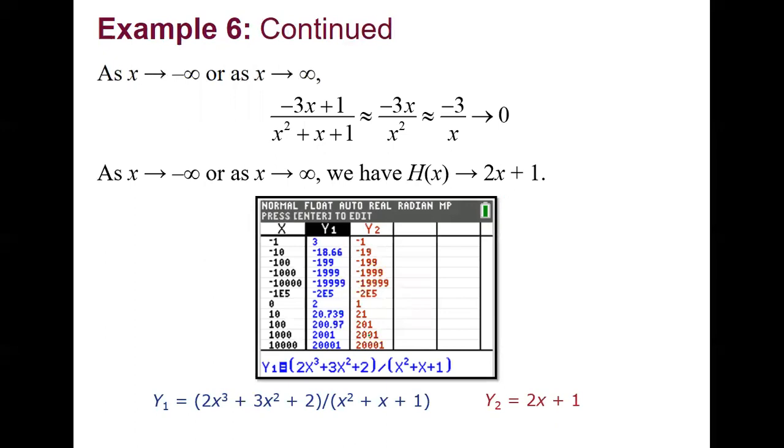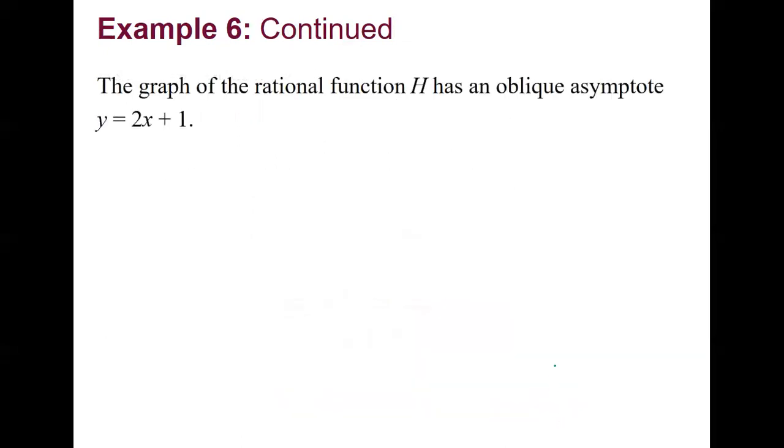So when we graph it, we can see our limit and our function, and that's why you have this asymptote. So in conclusion, an oblique asymptote at y equals 2x plus 1. And again, this happens when the degree of the numerator equals the degree of the denominator plus 1.